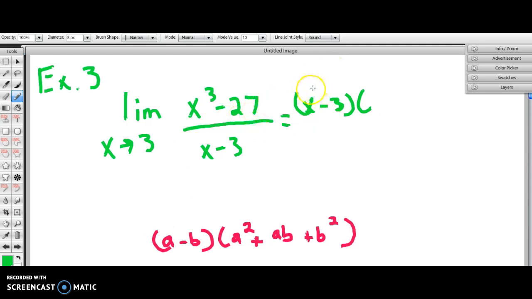If x is a, x times x is x squared, because that's a squared. Then plus 3x, because 3 times x is 3x. And then we have 3 times 3, or b squared, which is 9.